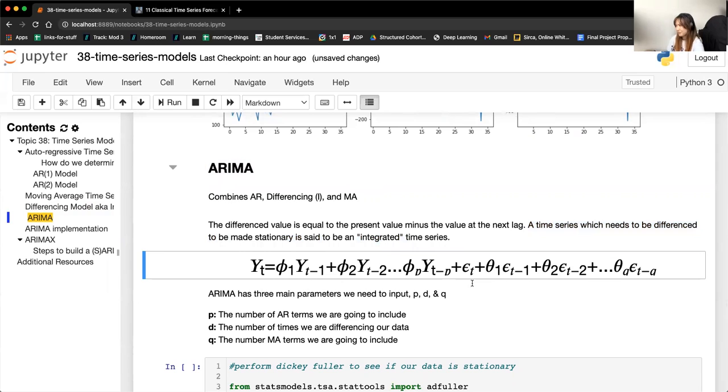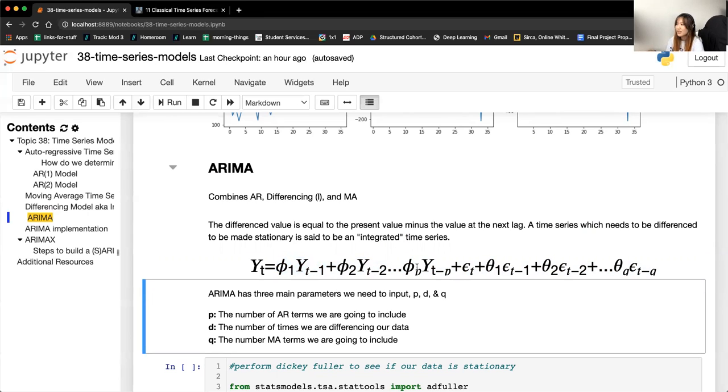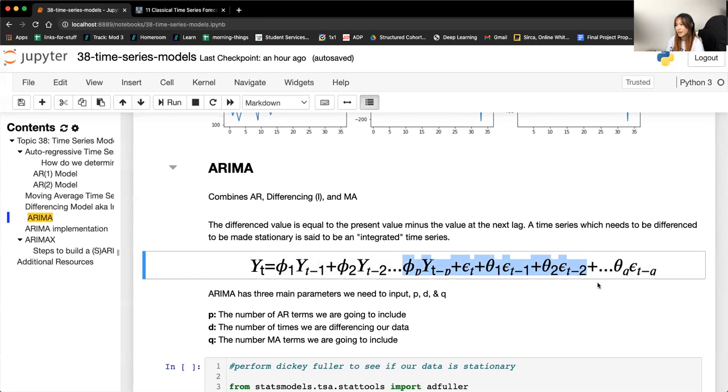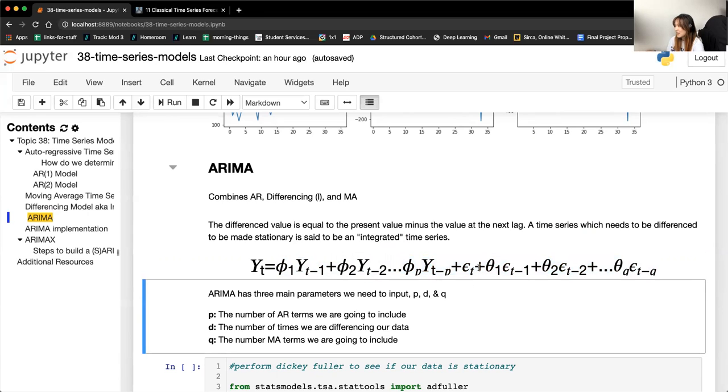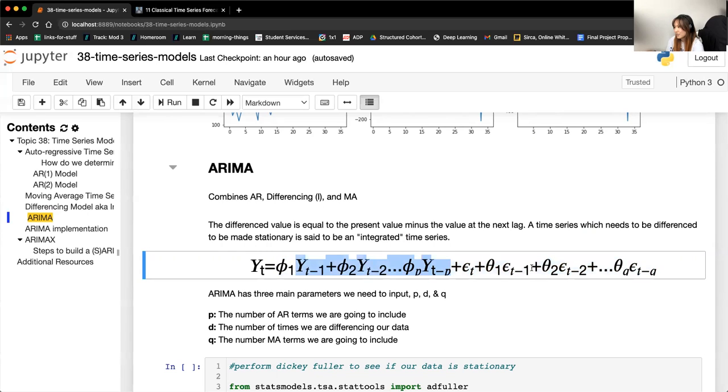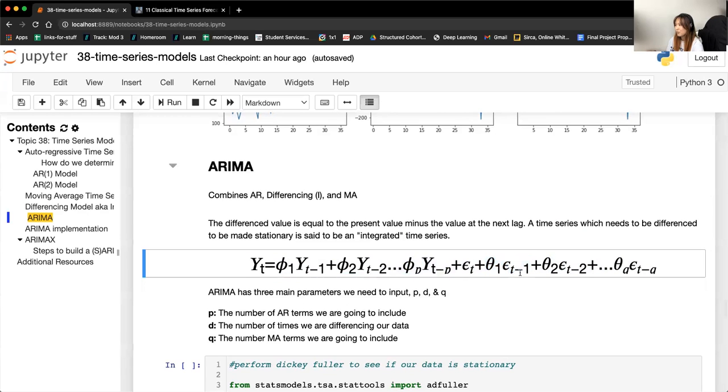To break this up, this part, the one with y t minus 1, t minus 2, again is a linear equation. Each term between all the pluses is just some coefficient multiplied by some value. These are all our autoregressive terms: anything that is multiplied by itself in previous time periods. And then these will be your moving average terms. Here we're considering the error. Oh, this is also autoregressive because it has the y. But here we're considering the errors from one time period ago, two time periods ago, and so on.